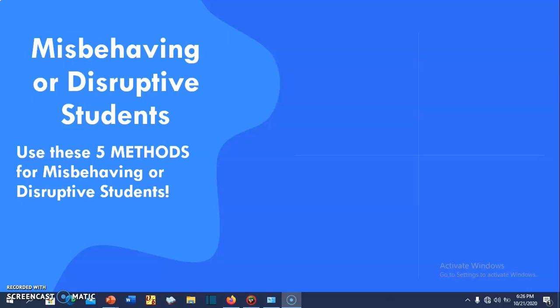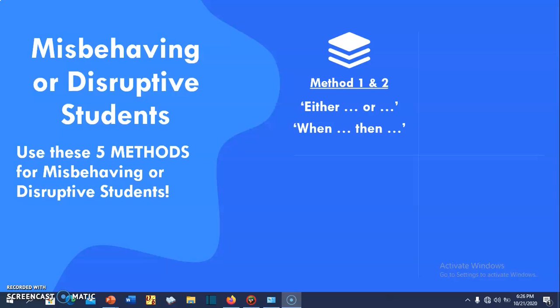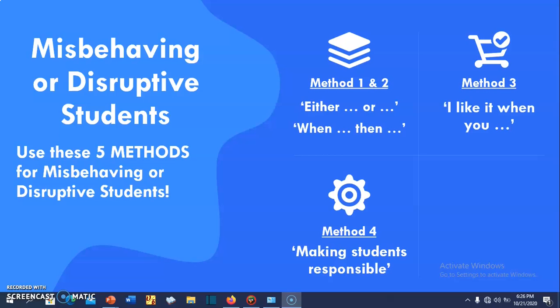So let us see the 5 important methods to control misbehaving or disruptive students. These are the 5 ones. Method 1, either or. Method 2, when and then. Method 3, I like it. Method 4, making students responsible for their behavior. Method 5, using names.